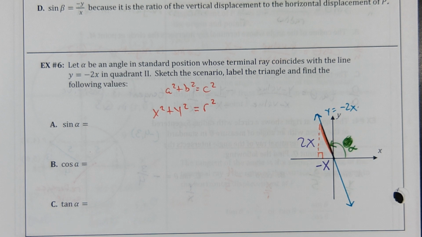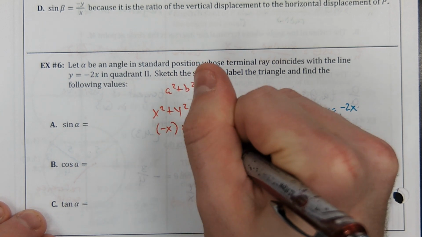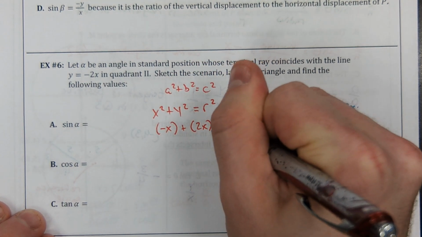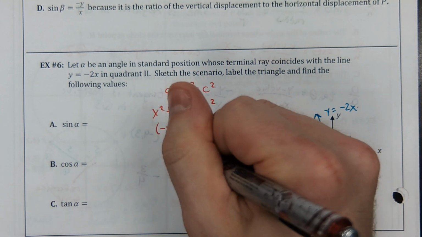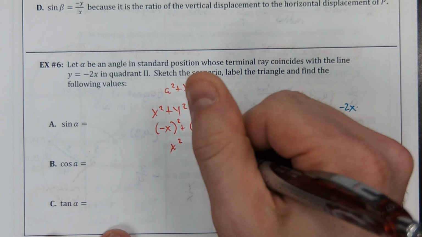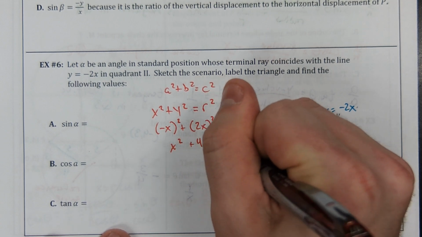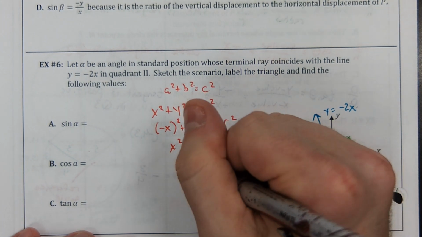And oh, we know what values to use for x and y. Our x value is negative x. Our y value is 2x. Well, negative x times negative x is positive x squared. And if you square the 2 and square the x, you get 4x squared. Hey, look, they're like terms. 1x squared plus 4x squared is 5x squared.